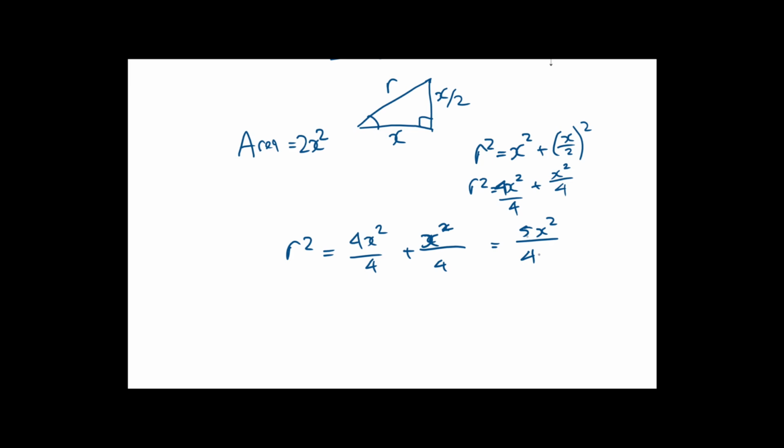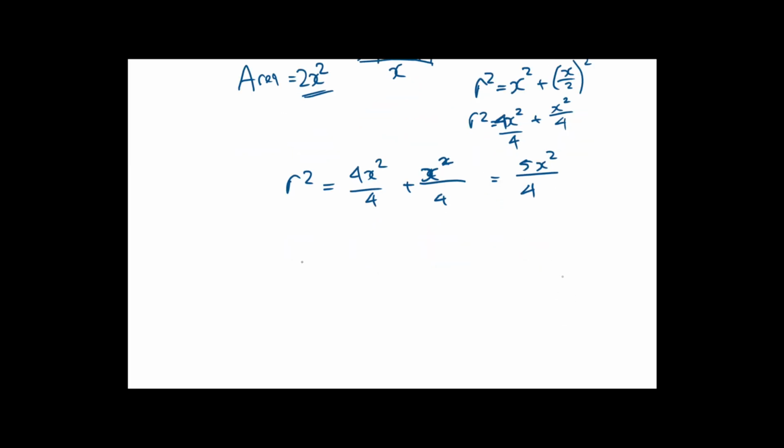Now, does this help us at all? If we had x squared in terms of r, we know that there is an x squared in the final formula that we want. So we're kind of there. So r squared is 5x squared over 4.